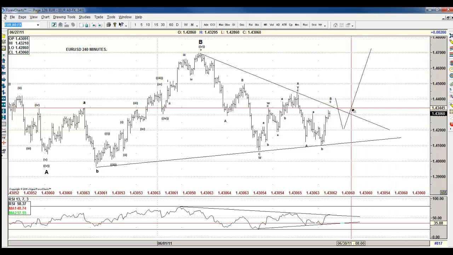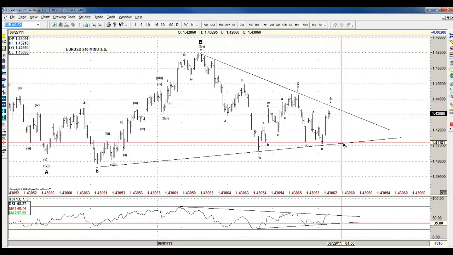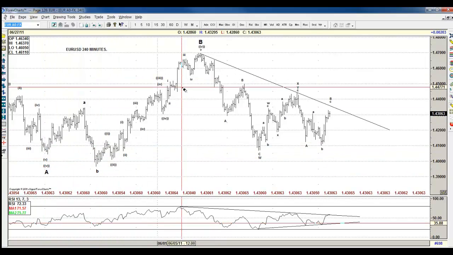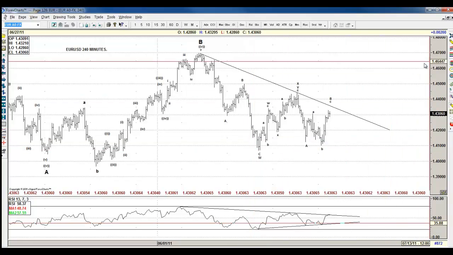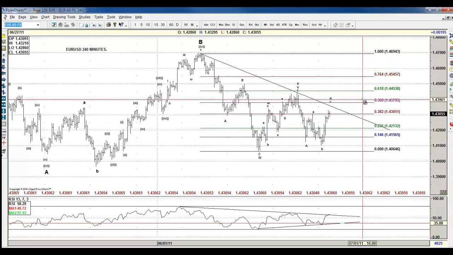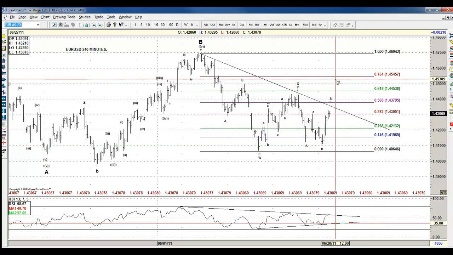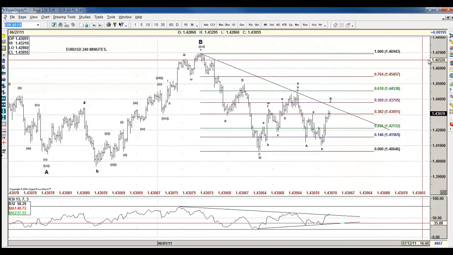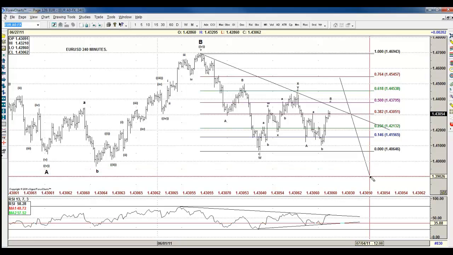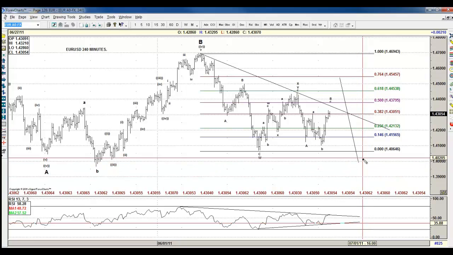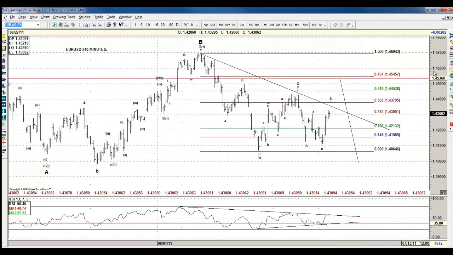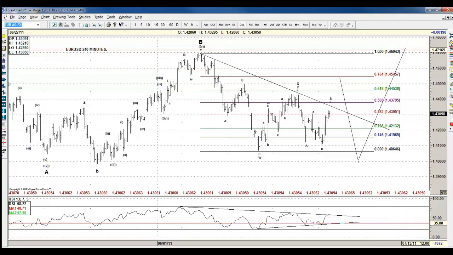Second scenario, we are still within the D wave, and then you get A, B, C, and then right here the D wave at around the 145.47 area, and then it's going to go lower again to around the 145.40 area before busting higher.